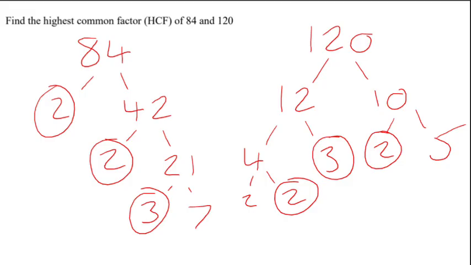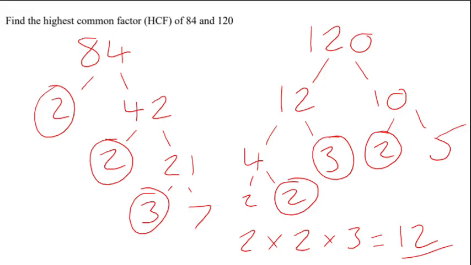Okay, I don't have another 2, I don't have a 7, and I don't have a 5. So again, we're going to multiply these together. So I've got 2 times 2 times 3. 2 times 2 gives me 4. Times 3 gives me 12, and that is my highest common factor of 84 and 120.